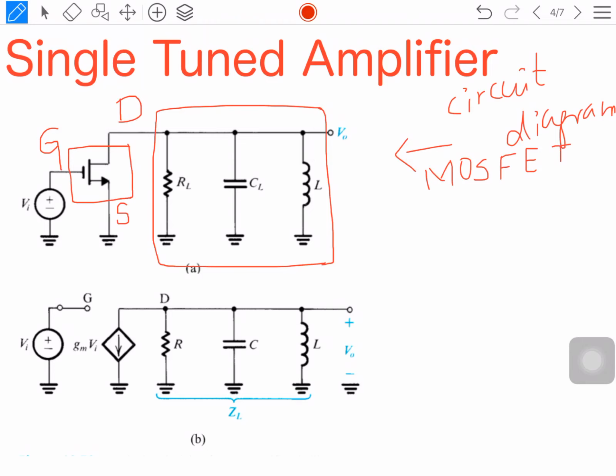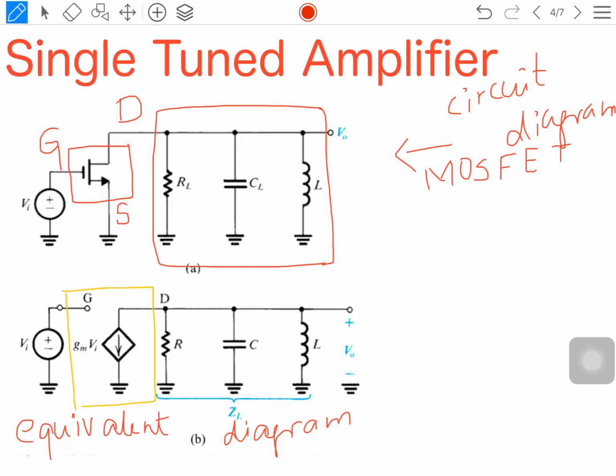Now let us come to the equivalent diagram. For analysis purposes, we will go for the equivalent diagram. In the equivalent diagram of the above circuit, the active element MOSFET is replaced with its equivalent. At the input side it is open, and at the output side one current source is present.